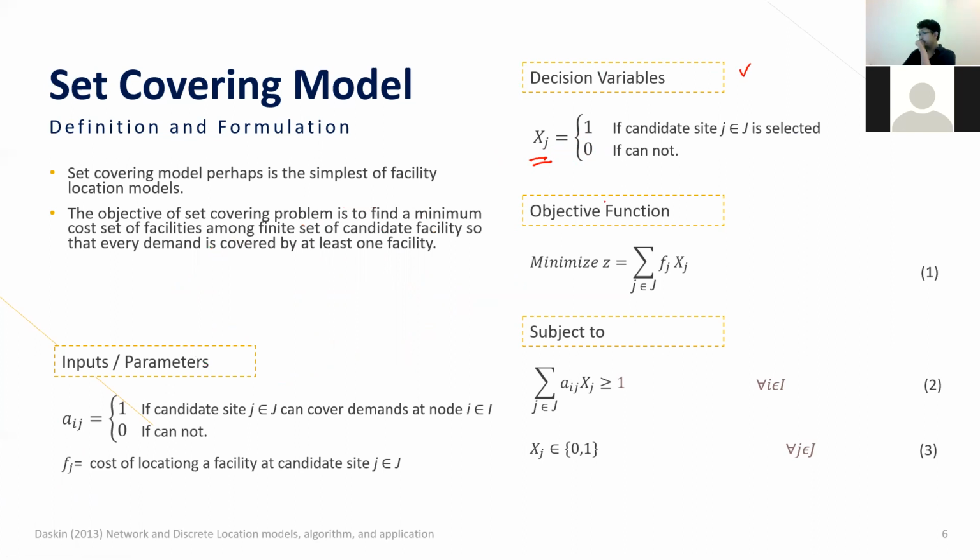Okay, and based on that information, you can formulate the objective function as mentioned here. You want to find the minimum cost of a set of facilities that is being open or being used to cover all the demand, at least once.